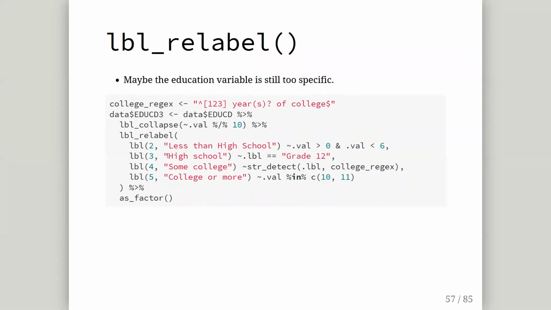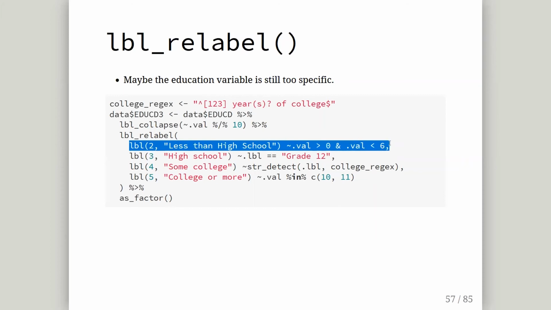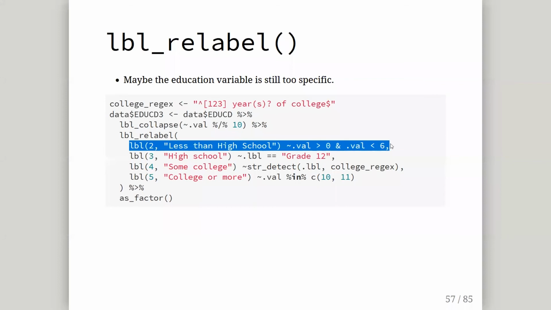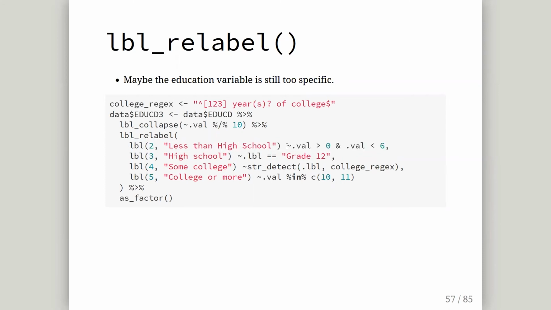Then from there, each of these lines within the call to label relabel creates a new labeled value, and this specifies the value and then the label. So like this line here, hopefully you can see the highlighting. The first line in the label relabel call can be read as assign a value of 2 with a label of less than high school when the input value is greater than 0 and less than 6.